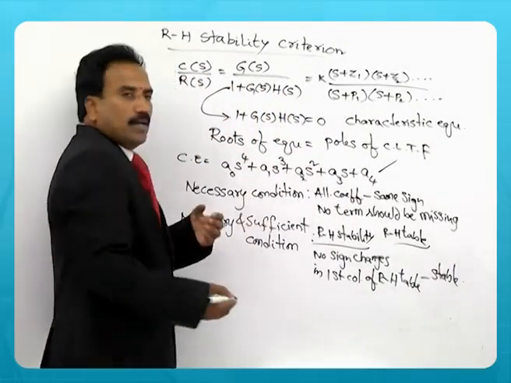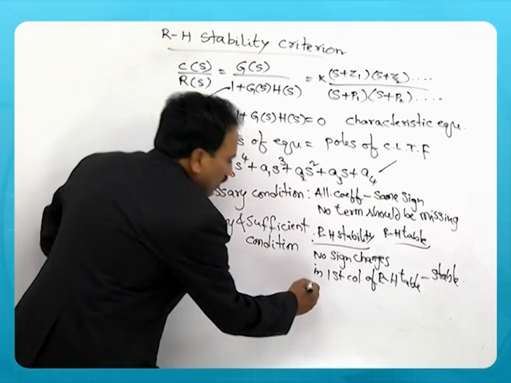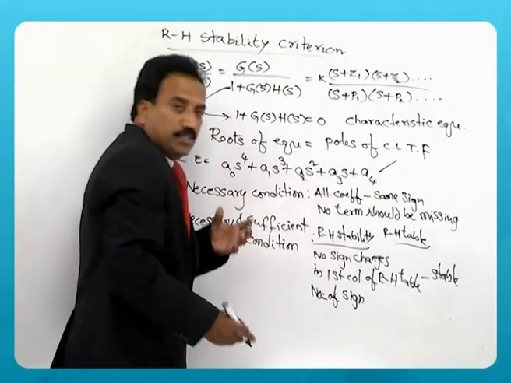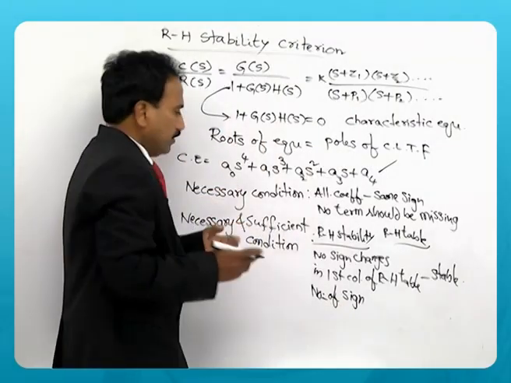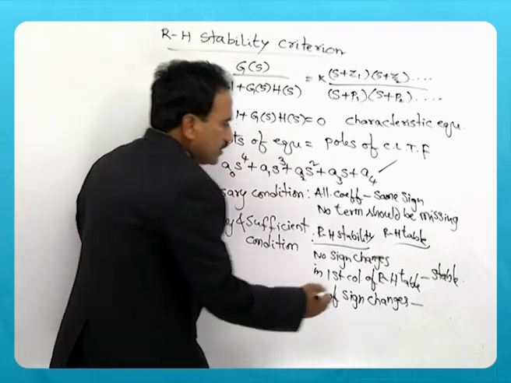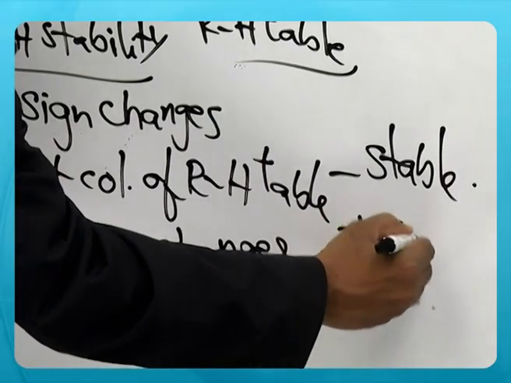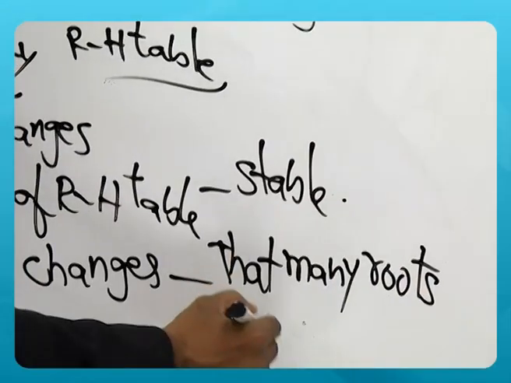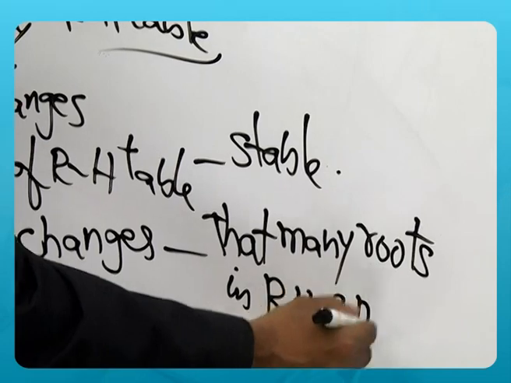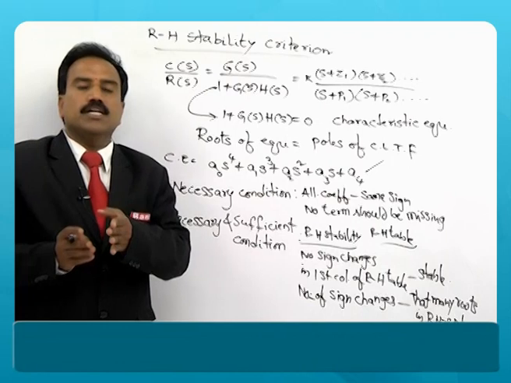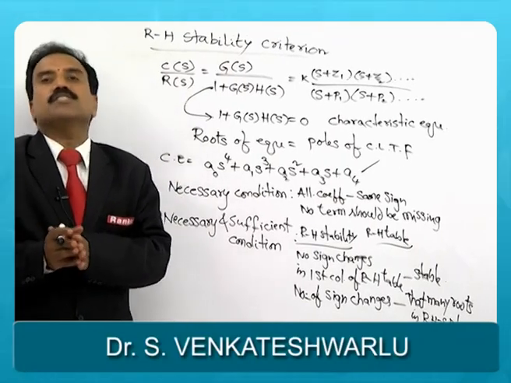And if there are some sign changes, the number of sign changes for the coefficients of the RH table in the first column indicates that many roots lying in the right half of the S-plane, so the system is unstable.